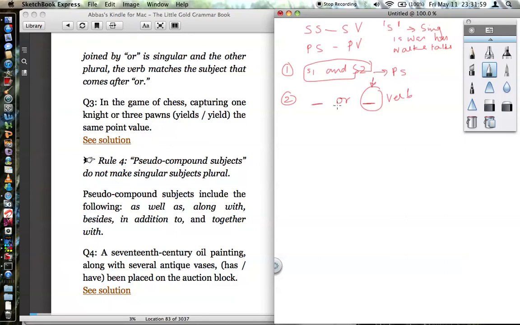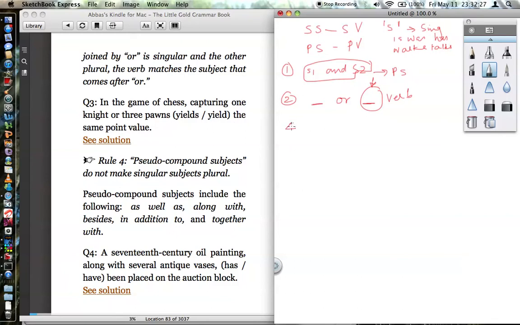So if you have subject 1 or subject 2, the verb agrees with the closest subject. So in this case, in the game of chess, capturing one knight or three pawns are plural. So you have yield as the verb, yield the same point value.